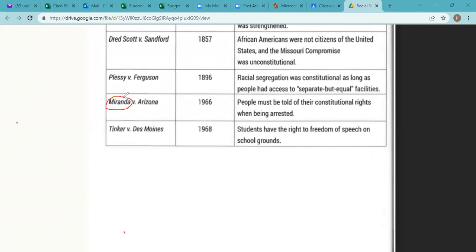Miranda rights. Well, I'm not sure who Miranda was that brought this up, but they actually named it after this person. Also, Tinker versus Des Moines. Now, Des Moines is in Iowa. 1968, students have the right of freedom of speech on school grounds. Interesting. All right. One more page.